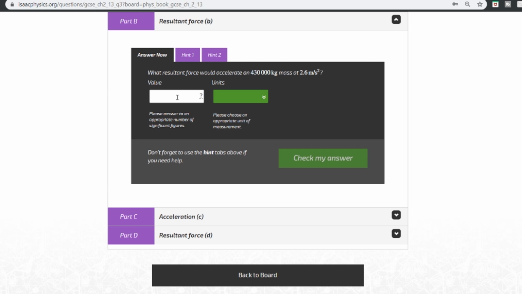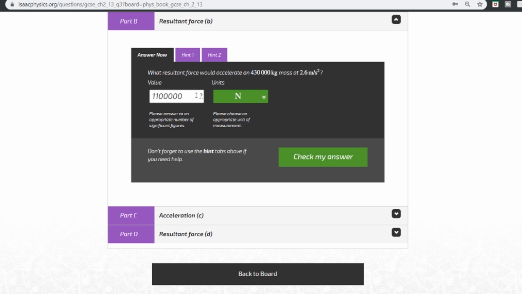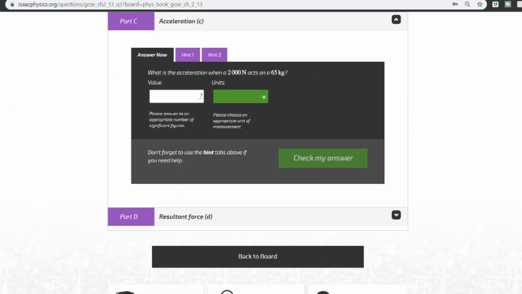The second resultant force, again, to an appropriate number of significant figures, well, my answer was 1,118,000, so I'm going to put 1 million, and I'm basically rounding it down to the nearest 100,000. And you can see why we use standard form for long numbers in physics, because otherwise you get too many zeros. That's correct.